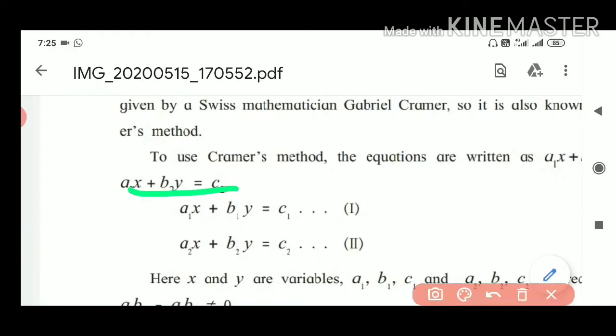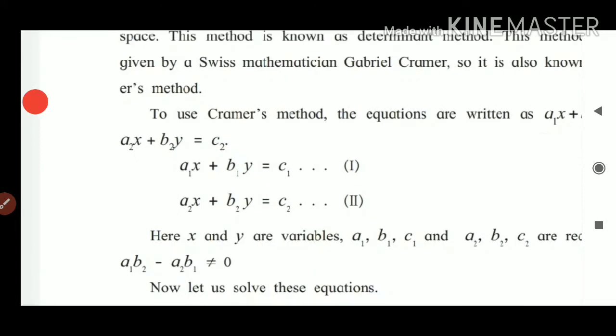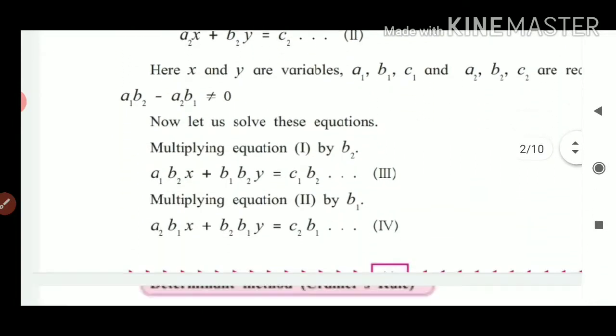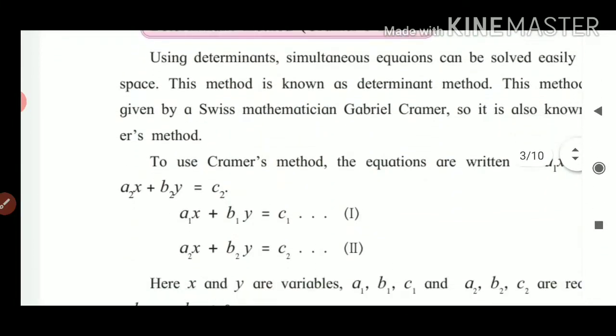These two equations were solved by Cramer using elimination method, you know that elimination means eliminating variable x or variable y. He found the values of variables x and y using elimination method.